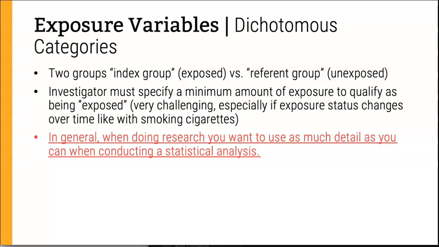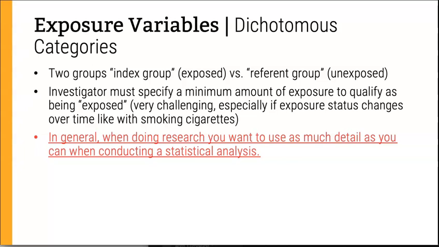For example, say you are measuring smoking exposure, and the only data you can access has been categorized into two groups, low smoker or high smoker. Well, you'd prefer to have the number of cigarettes that each individual smoked per day, if possible.